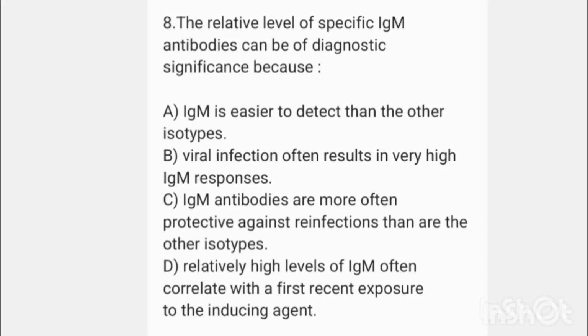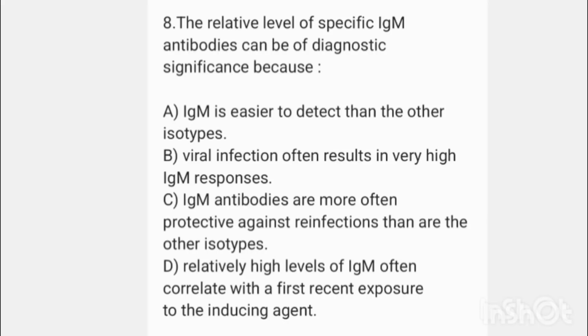The question is about IgM antibodies. The relative level of specific IgM antibodies can be of diagnostic significance. It is because the given options are A. IgM is easier to detect than the other isotypes. B. Viral infection often results in very high IgM responses. C. IgM antibodies are more often protective against reinfections than are the other isotypes.